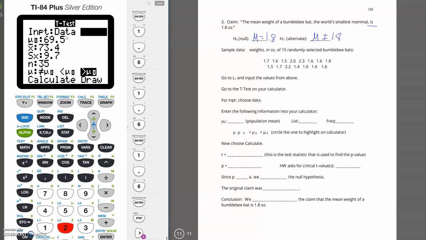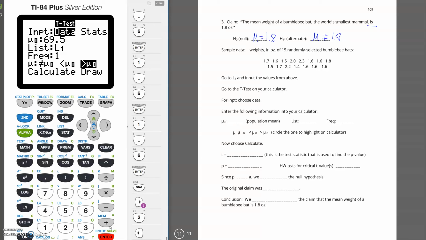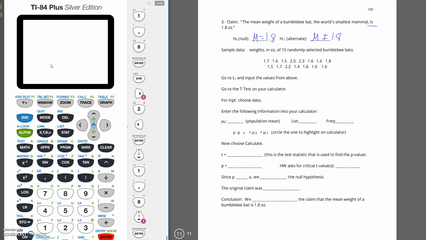Instead of stats, this is where we change it to data. The only thing we need to put in is our claim, 1.8. We keep L1 because that's where we put the data, and leave the frequency at 1. And we're testing does not equal, so we'll hit calculate.